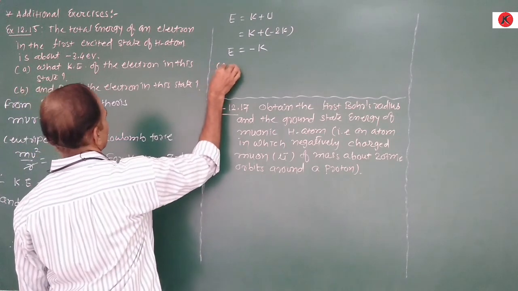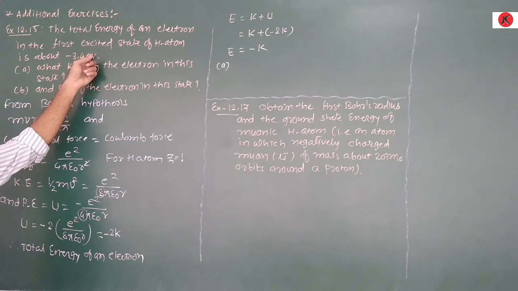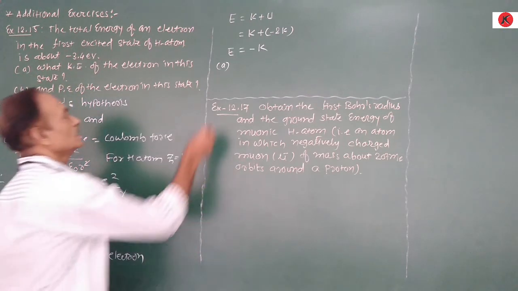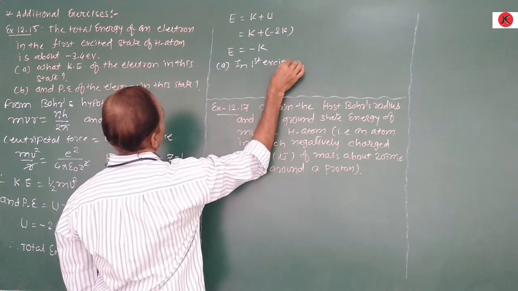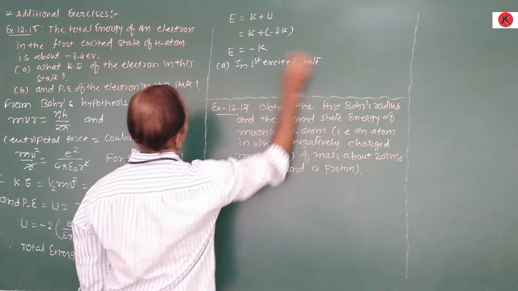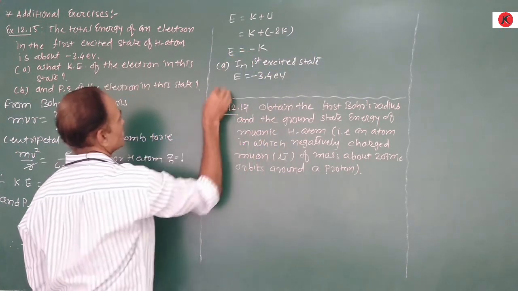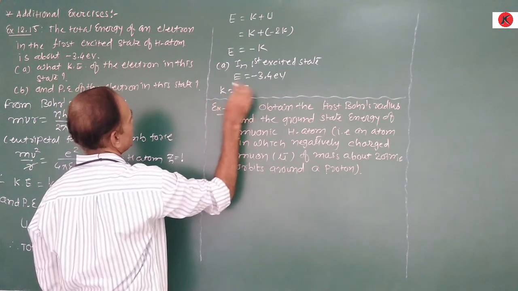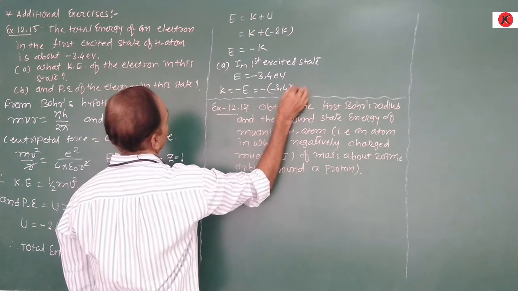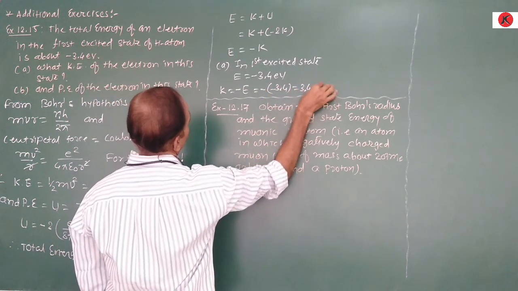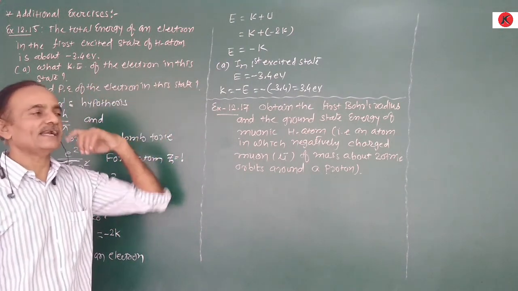Now listen here. First, we are interested in finding the kinetic energy. Total energy in the first excited state is minus 3.4, so E is equal to minus 3.4 electron volt. Therefore, K is equal to minus E, which is minus of minus 3.4, equal to 3.4 electron volt. That is the kinetic energy of the electron in the first excited state.